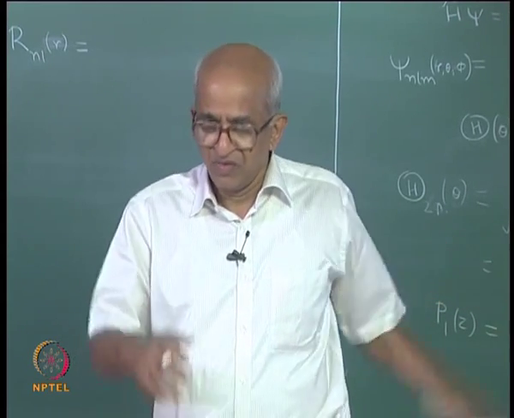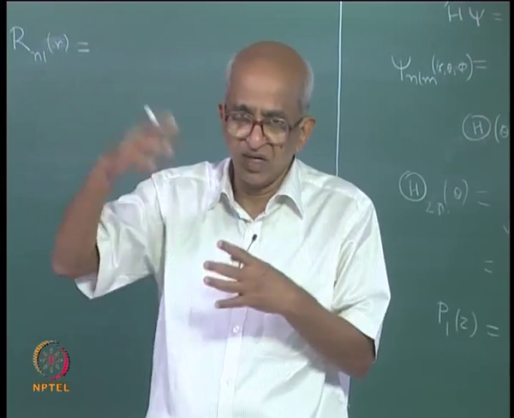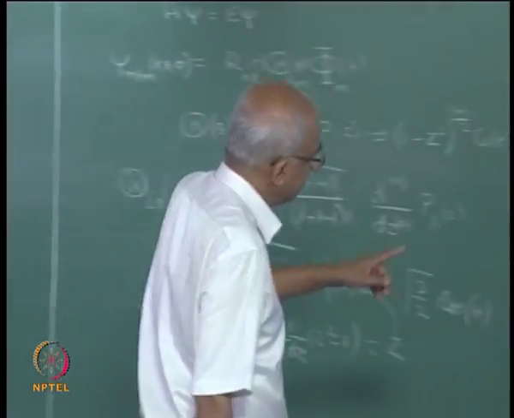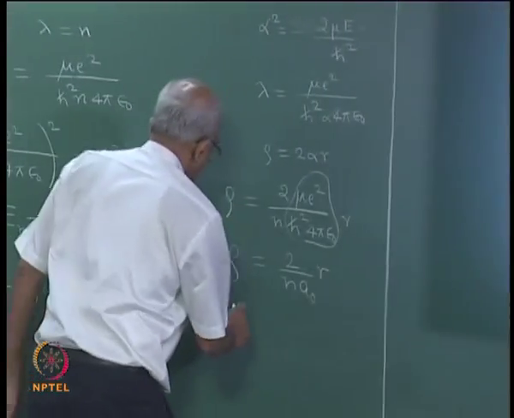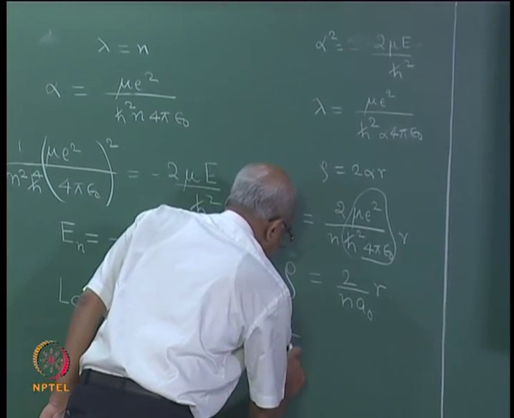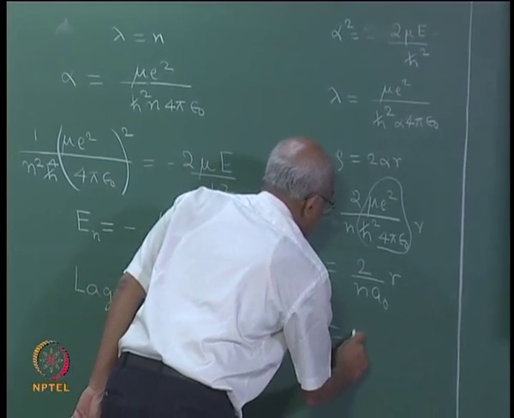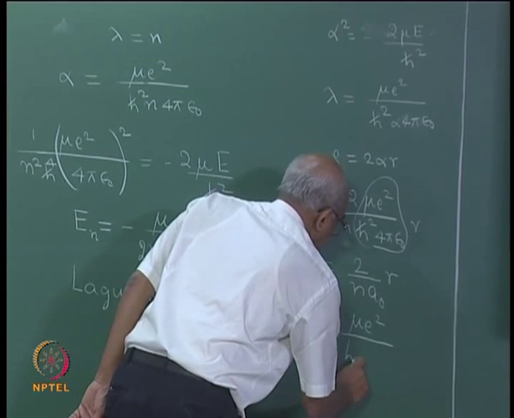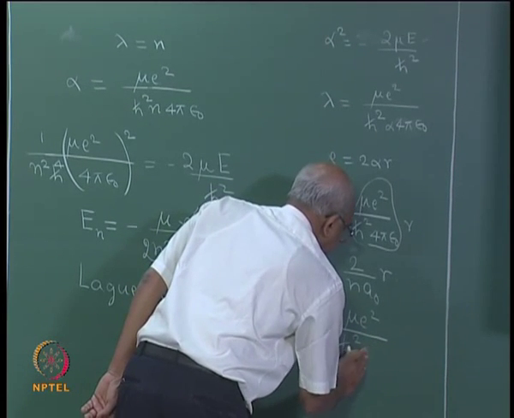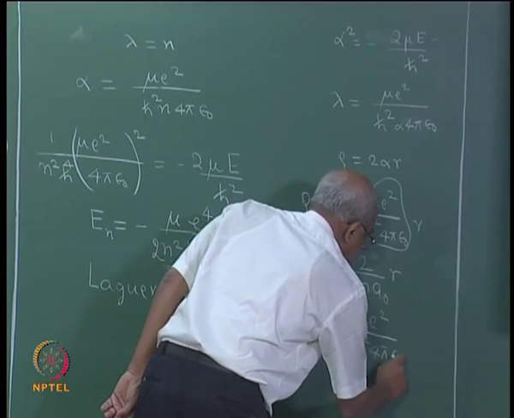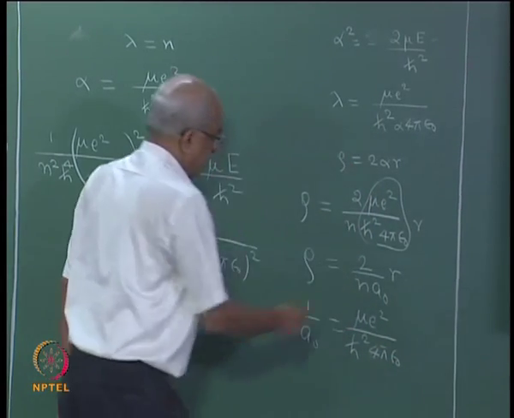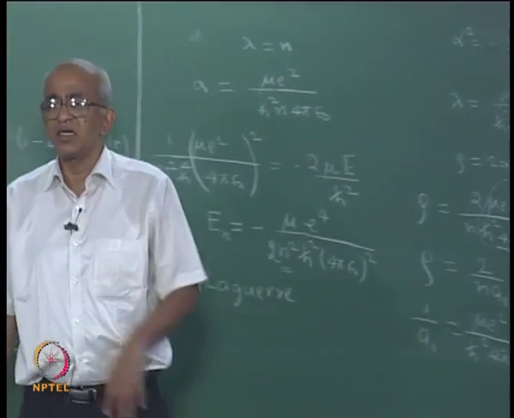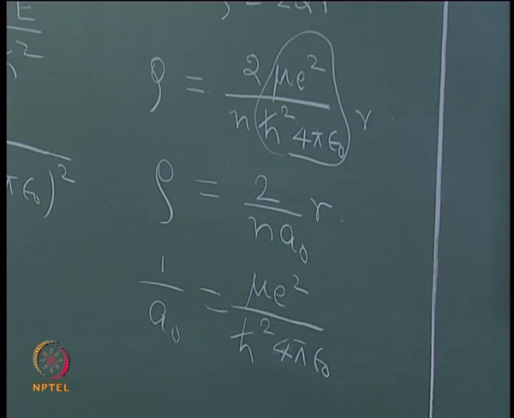What is the definition of a0? 1 by a0 is equal to mu e square divided by h cross square 4 pi epsilon 0. So, if you define a0 to be this, then it is just the radius of the first Bohr orbit. Okay.